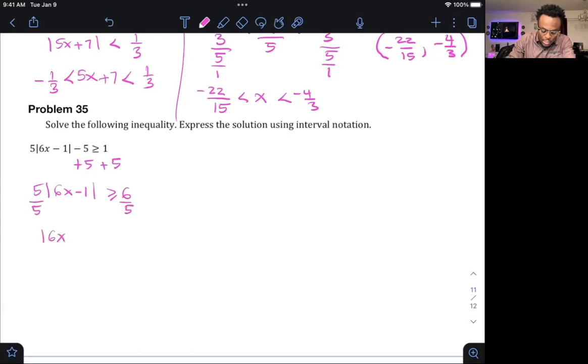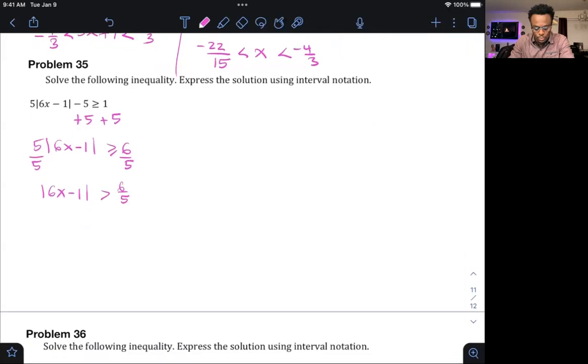Absolute value of 6x minus 1 is greater than or equal to 6/5. And then you can set this up as 6x minus 1 greater than or equal to 6/5.